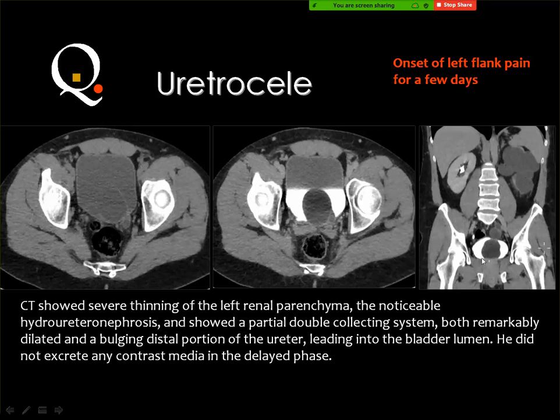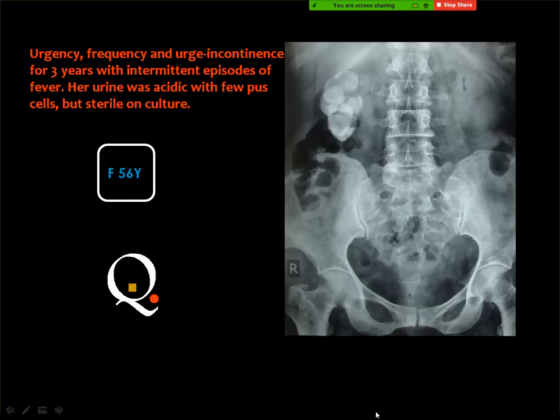Then the ureterocele will appear as a filling defect inside the renal bladder, and it's hardly seen before contrast, because it contains urine, and the renal bladder contains urine. Only the wall of the ureterocele you can see. But whenever you get contrast material within the bladder, you will see it as a very smooth filling defect in the renal bladder.